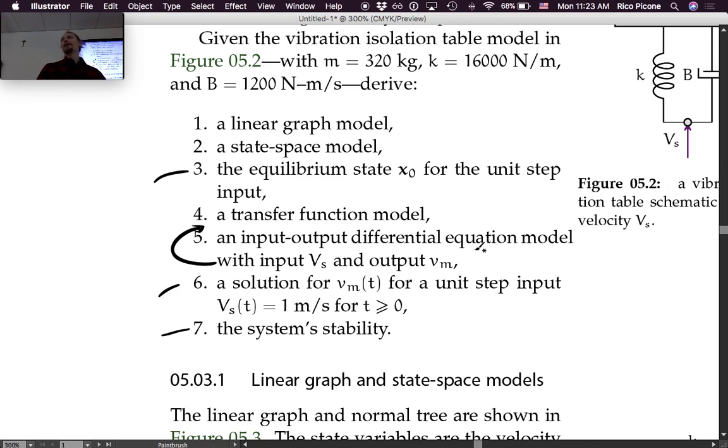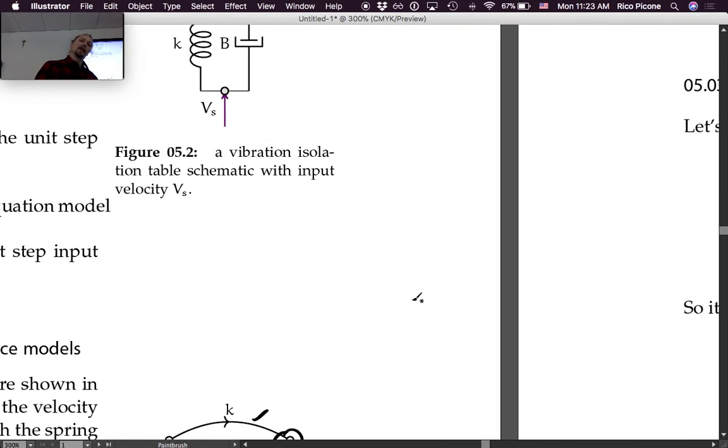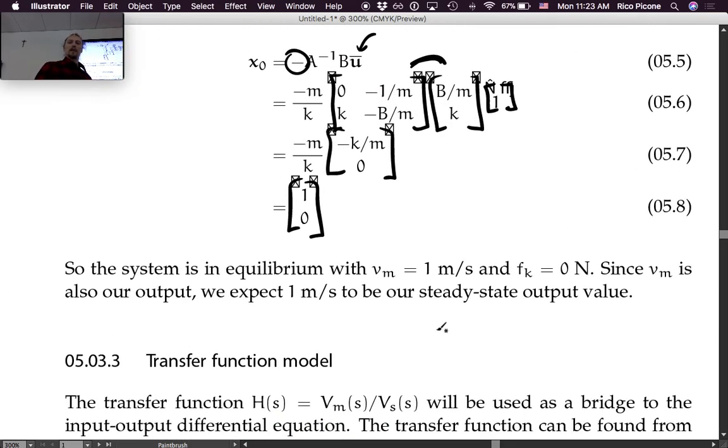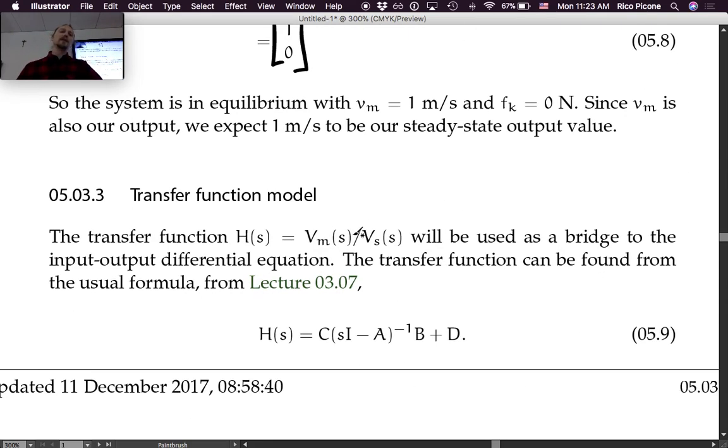But we only have one input and one output, so you end up with exactly the transfer function that we would have if we knew it was Vs and Vm. In any case, not that big of a deal either way. So H, our transfer function, we know it's going to be scalar because we only have one input and one output, so it can only be one transfer function.